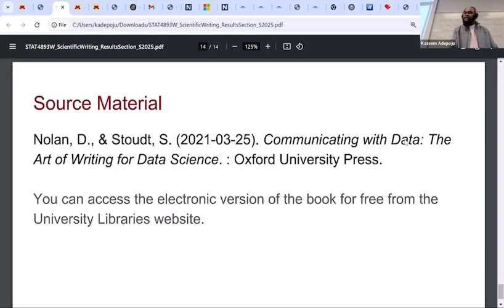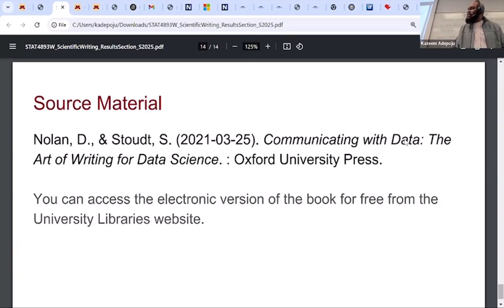Communicating with data. Data is just pairs of numbers. How are you going to communicate with data in a way that those who are not even in the field will be able to get the information you're passing across?